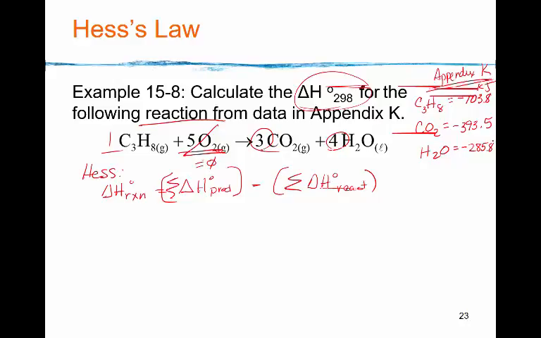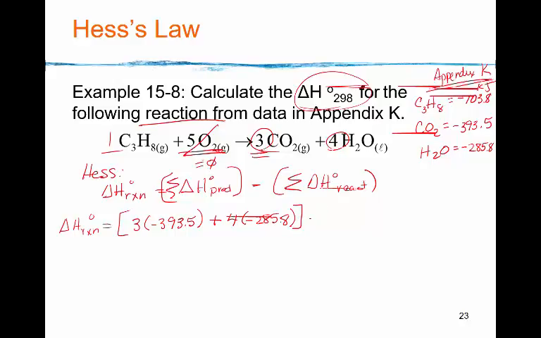Once you've looked it up in Appendix K, it's just an easy plug-in. The delta H reaction is going to equal your products. We've got 3 CO2s, so 3 times a negative 393.5, plus 4 times a negative 285.8.